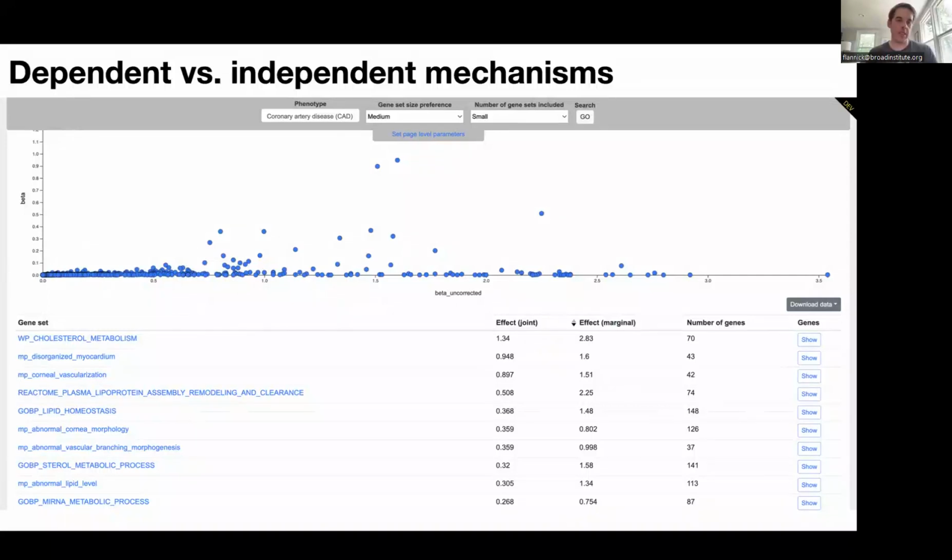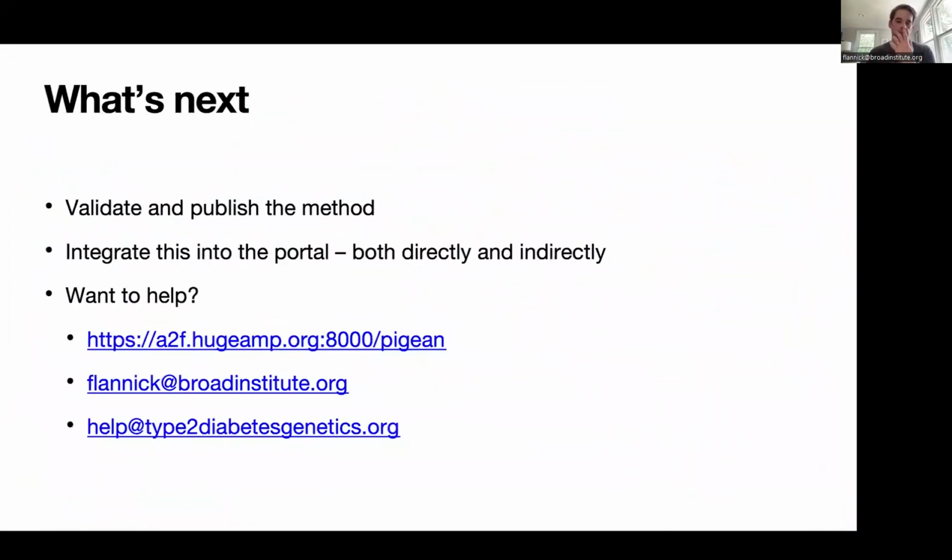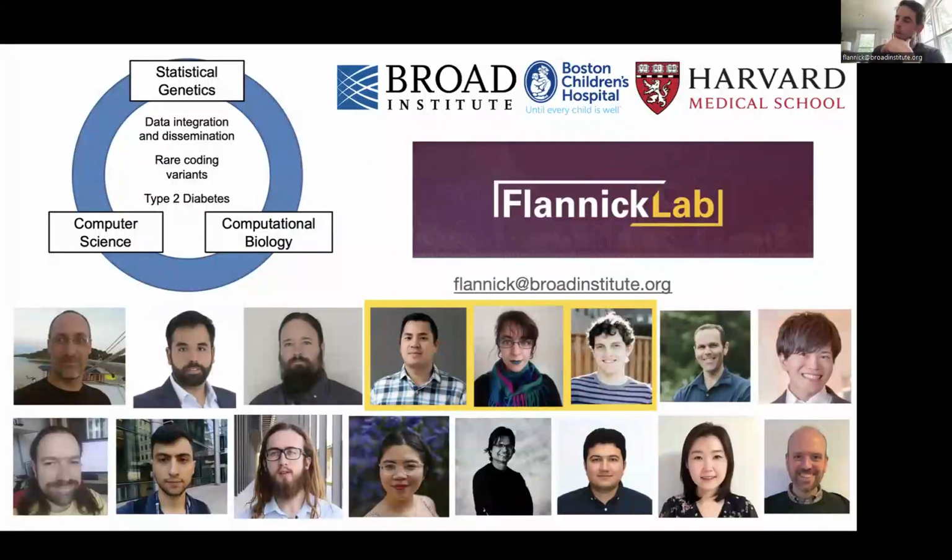That's how that's working. And if you're interested, we have some very early results about going a step further and clustering those jointly fit effect sizes to tease out independent mechanisms, which is looking quite interesting.